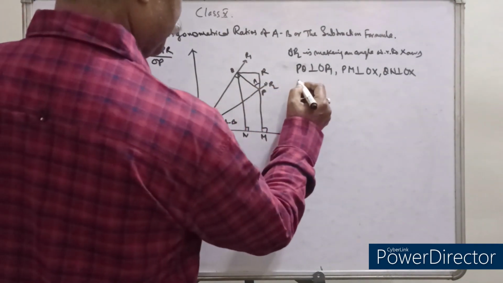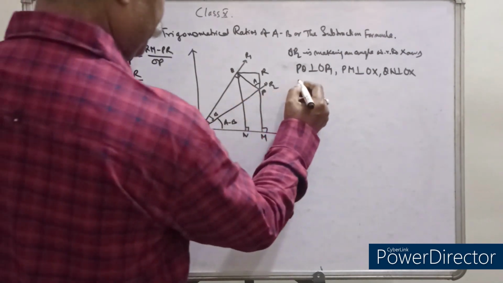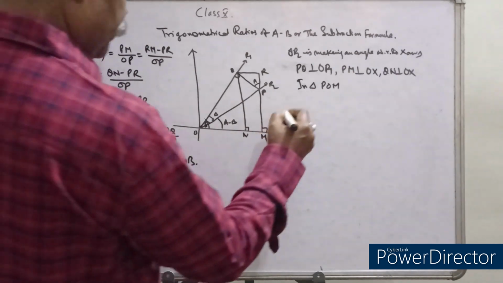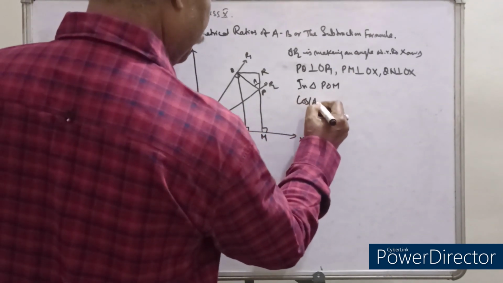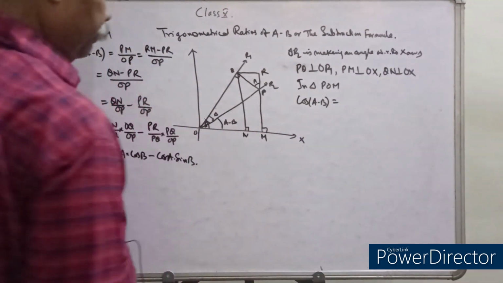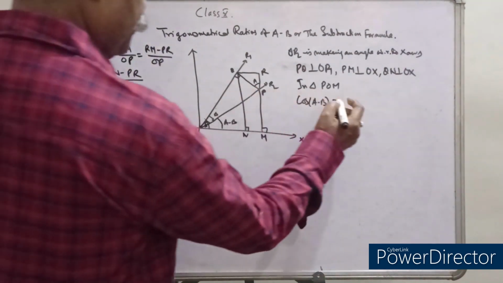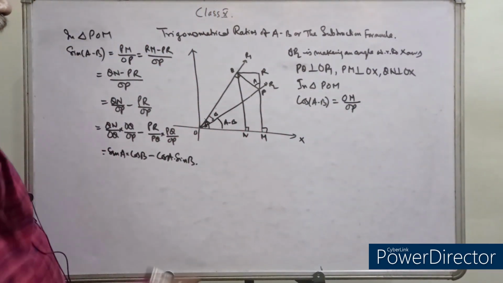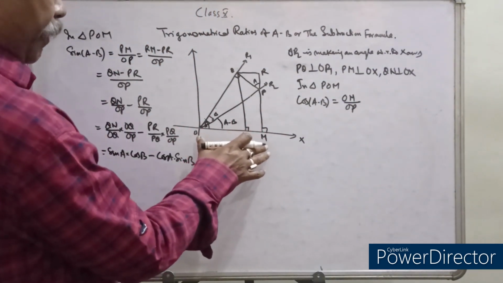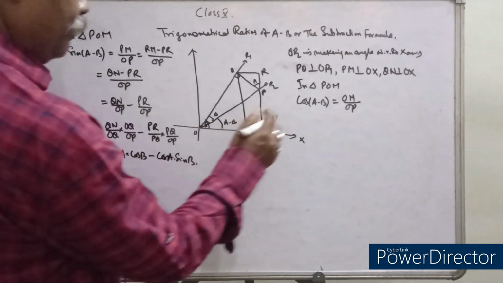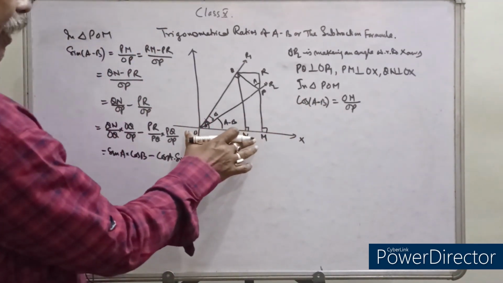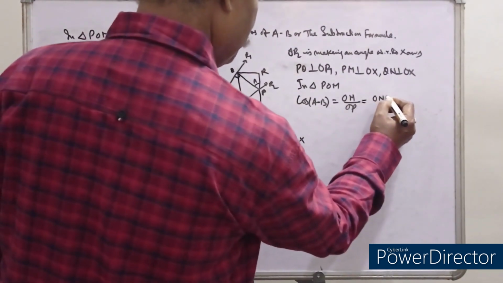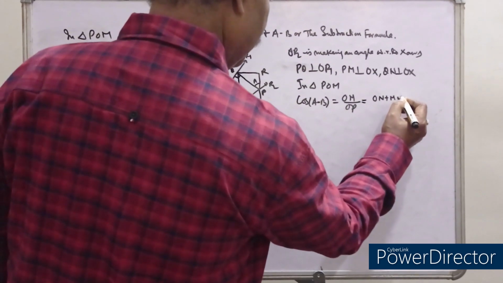Now I am going to take cos in the same triangle POM. This is cos of A minus B, which will be equal to base by hypotenuse, that is OM by OP. Instead of OM, I write ON plus MN, so ON plus MN by OP.